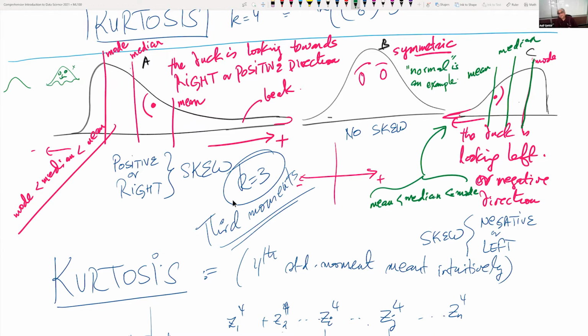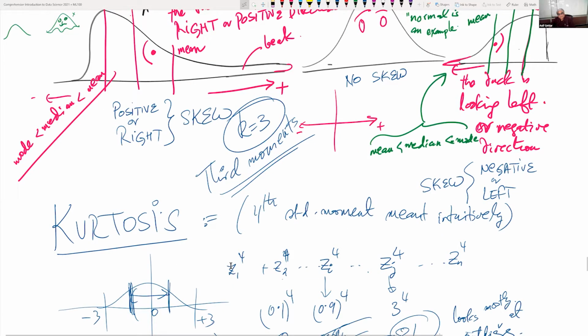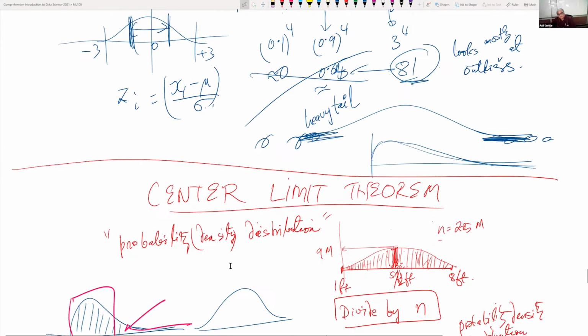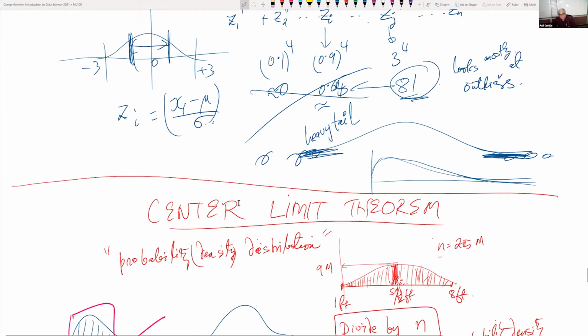If it is looking left or in the negative direction, it's negative skewness. And likewise, there's the concept of kurtosis, which measures how many outliers there are, how many far off values there are from the mean. So that is the kurtosis. And that was about the moments.